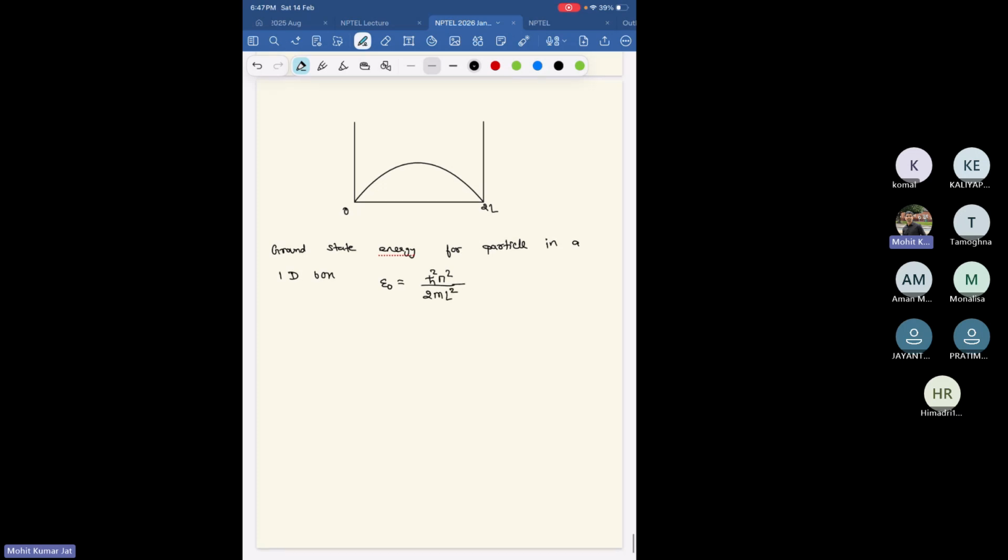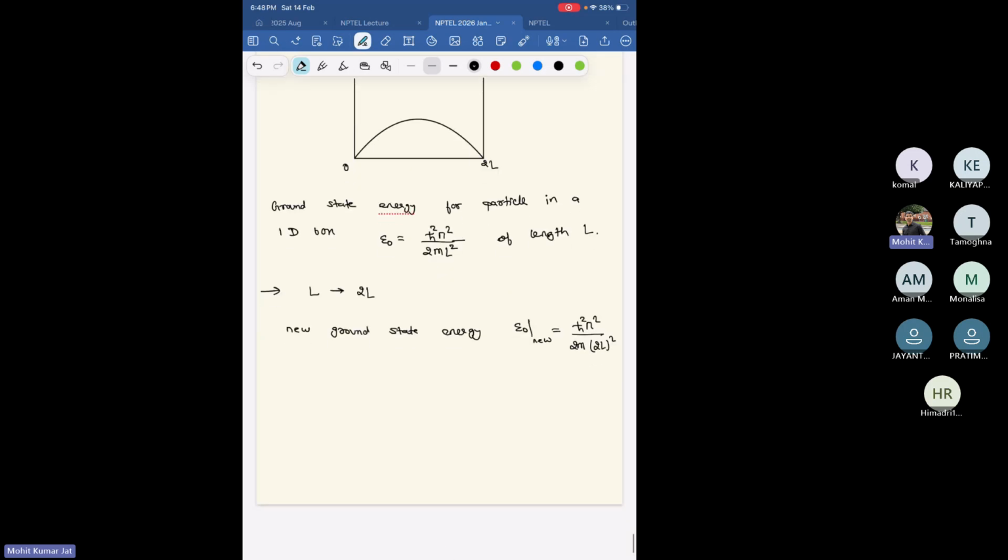This is the ground state energy which was there initially for length L. Now L changes to 2L, then your new ground state energy will be h bar square pi square by 2m, instead of L it will be 2L to the whole square.